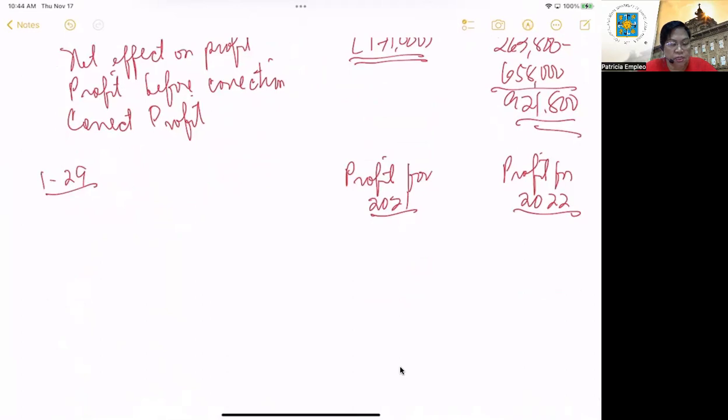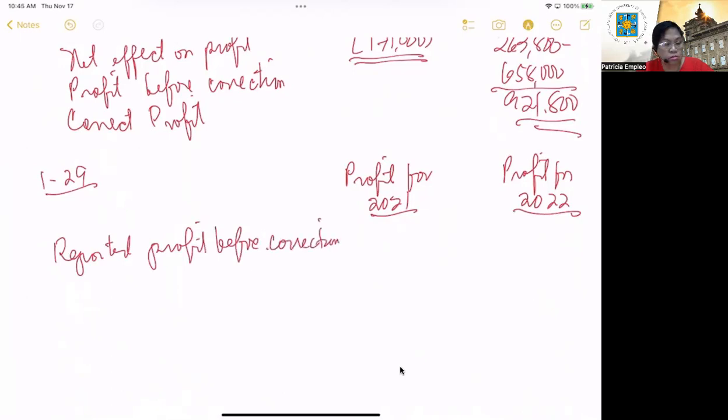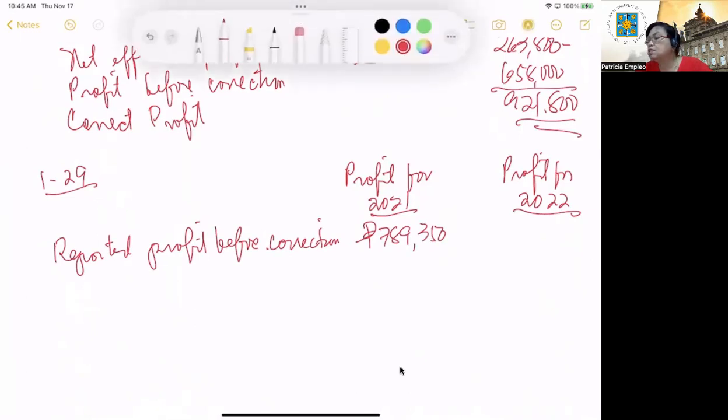Okay, so the Lambda company reported income before taxes of 709,400. So we have reported profit before correction.